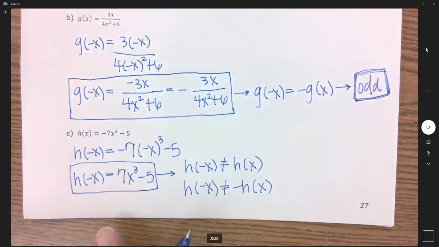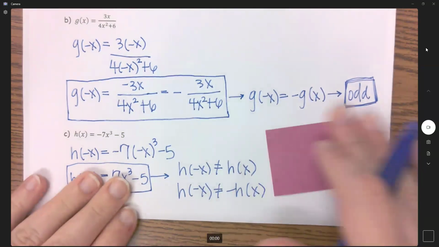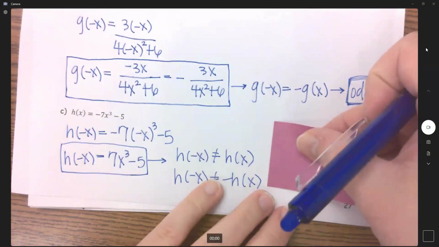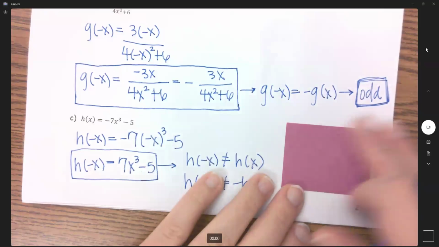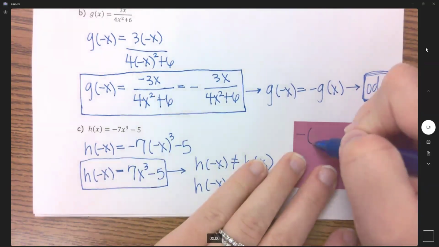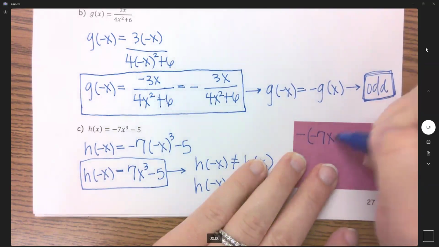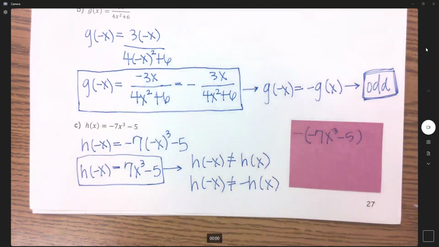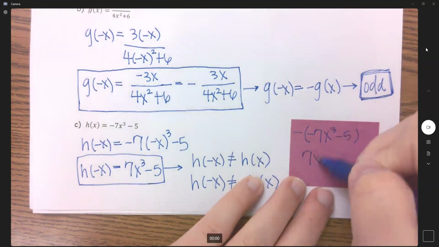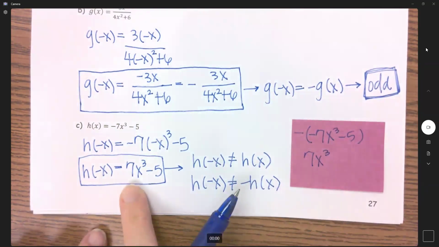For this to be the negative version, let me just bring a little sticky note in here. For it to be the negative of this, we would have negative 7x cubed minus 5. Negative times negative would be positive 7x cubed, which I do have.